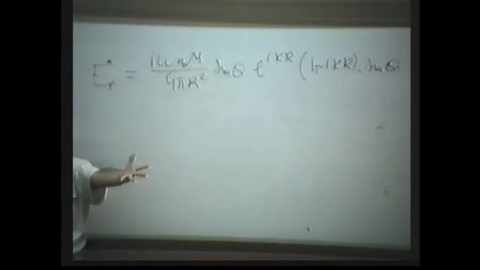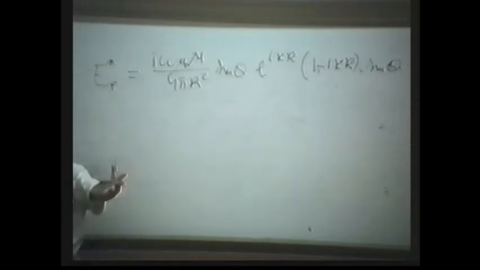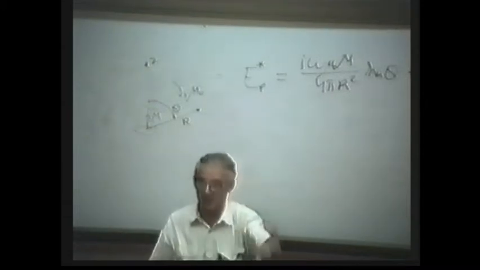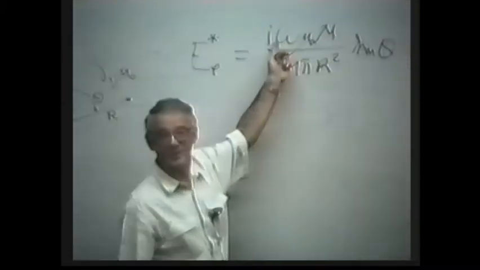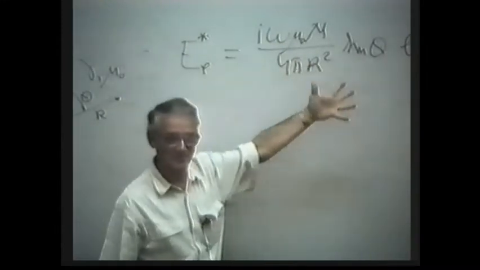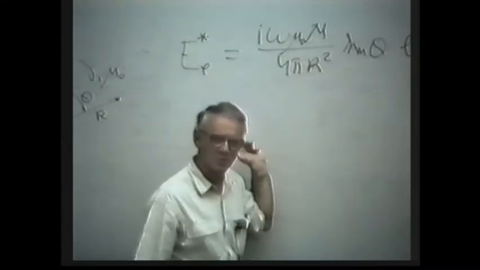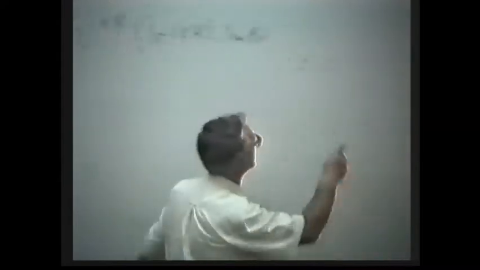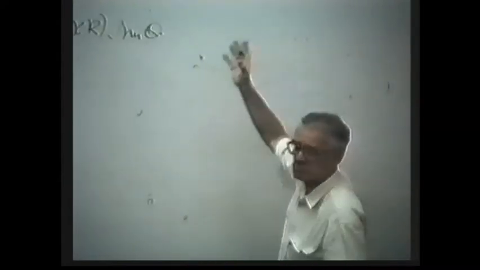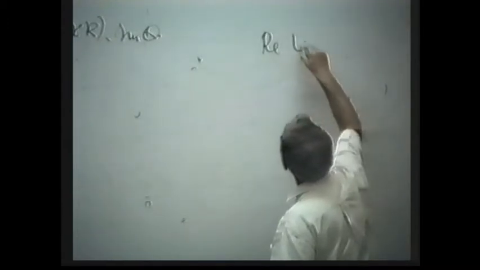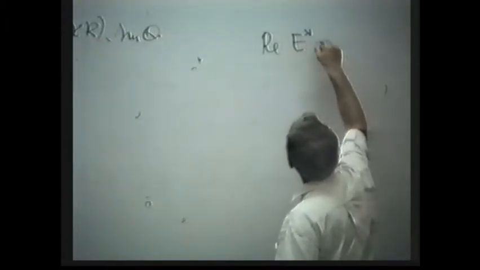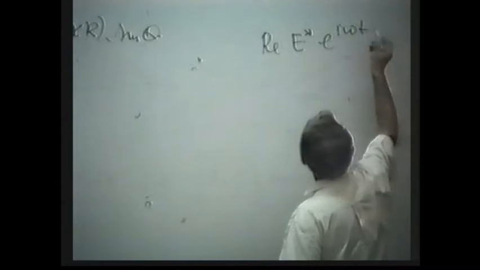Nobody knows how to measure complex numbers. A voltmeter, if it can measure, measures a real number, volts per meter. Here a complex number is written, so it's a complex amplitude. In order to get the electrical field, what do we have to do? Take the real part of this complex number times e to the i omega t.